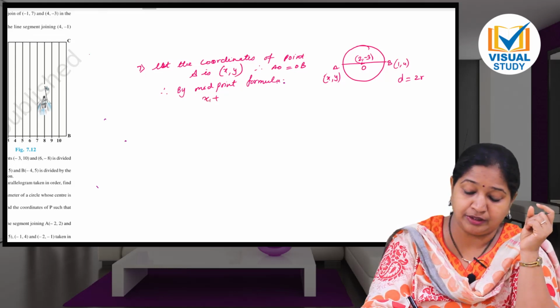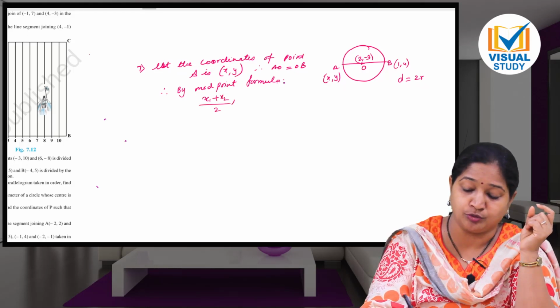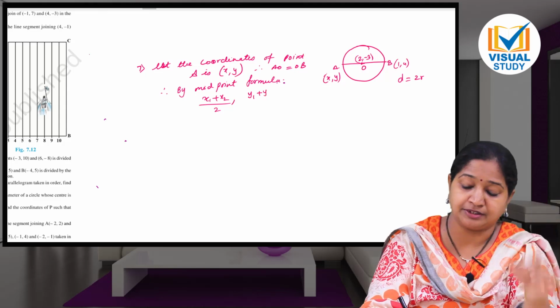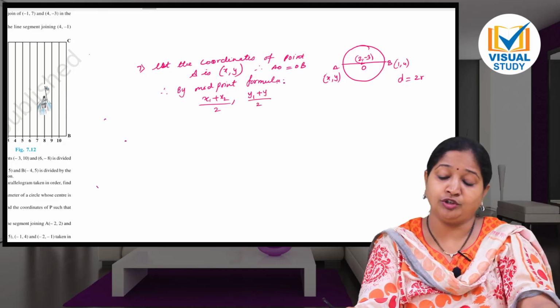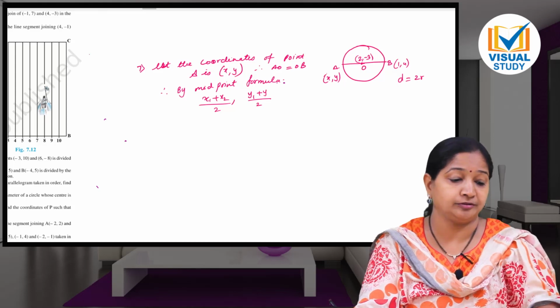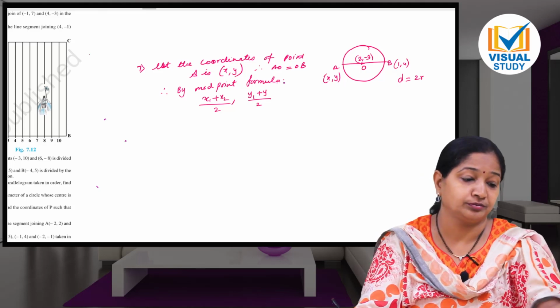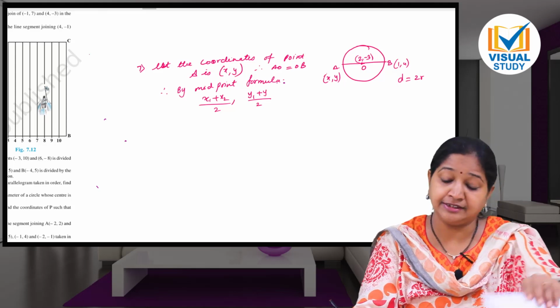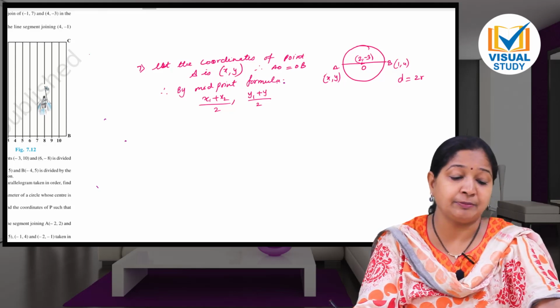By the midpoint formula, that is (x1 + x2)/2 and (y1 + y2)/2. The center O is the midpoint of AB.